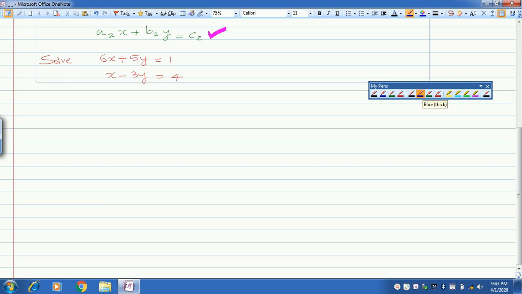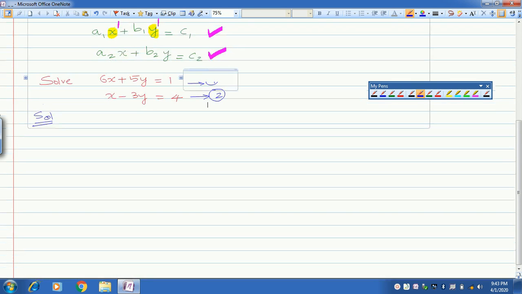Now the given equation, I can write as solution. This is equation number 1 and this is my equation number 2. Now to solve this problem we will have two methods.